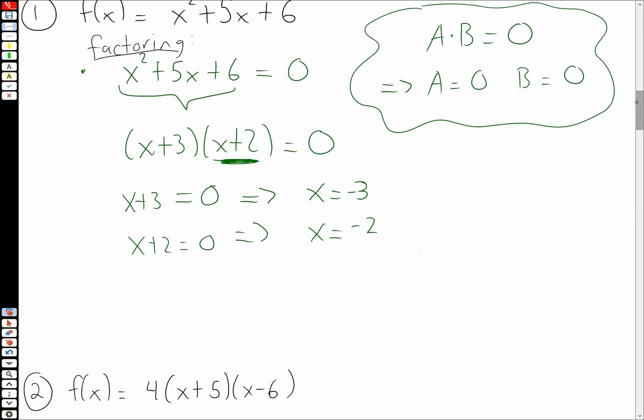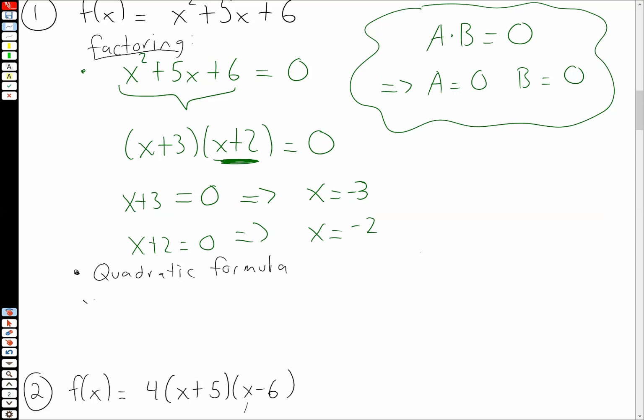Now, the second way, and this takes a little bit more time, but it is always a good way if you have the right form, is the quadratic formula. Okay.